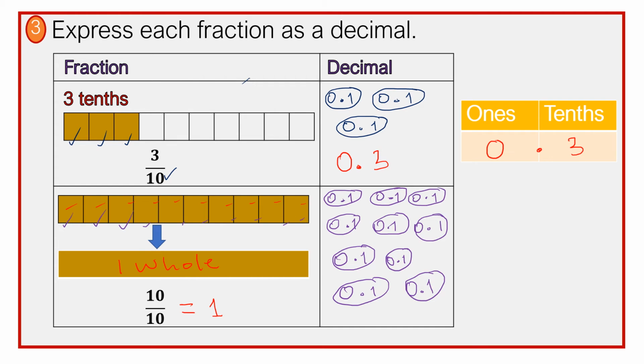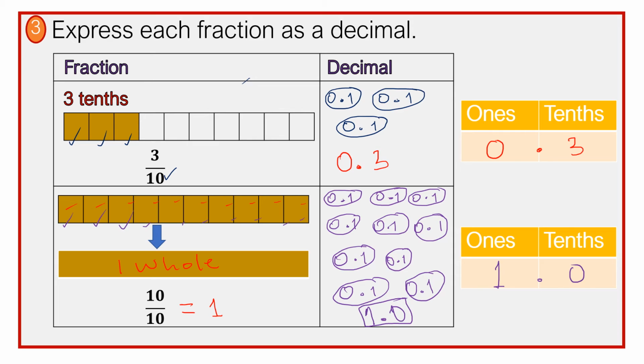So all together, you see that we have 10 tenths. And 10 tenths will be 1.0. So once we write it in the place value chart, we will have 1.0. Okay? 1 in the ones and 0 in the tenths.